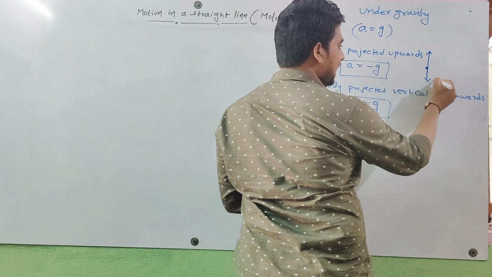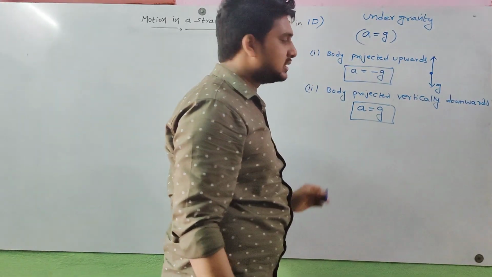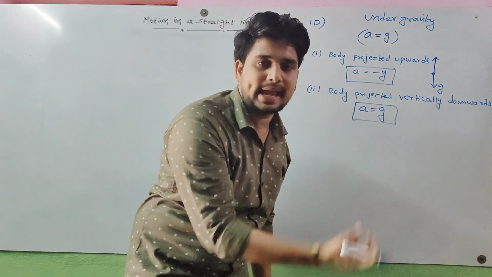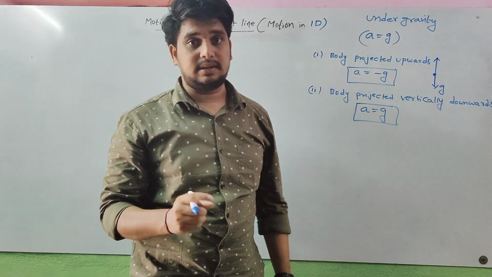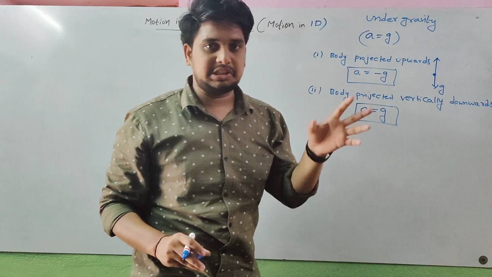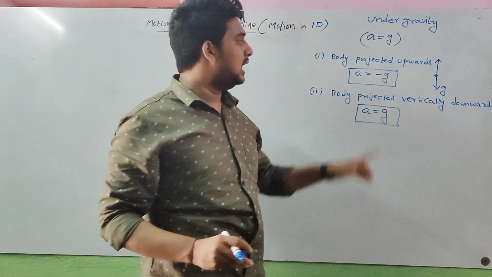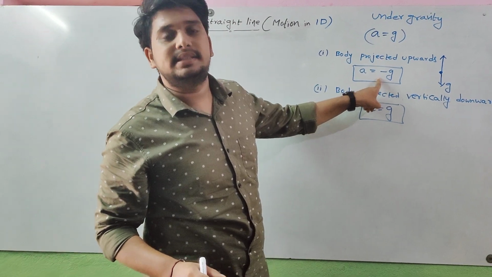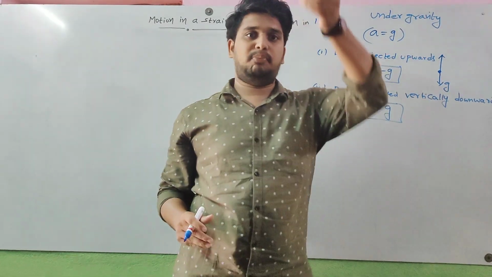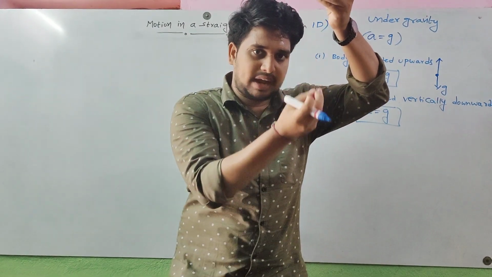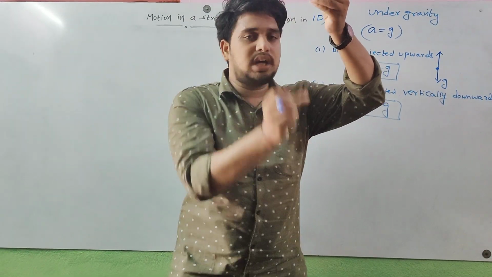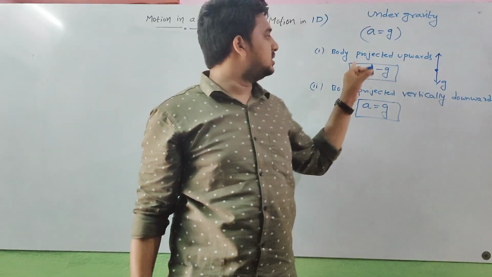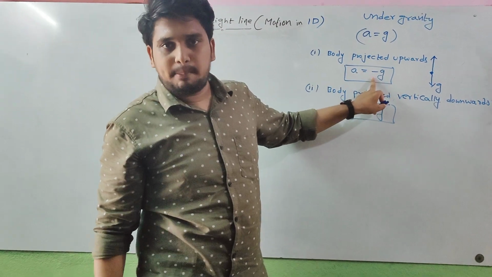Acceleration due to gravity is acting downwards or not? Acceleration due to gravity is always acting downwards. That means both are in opposite directions. That's why we should take acceleration is equal to minus g. Here the body is projected upwards, acceleration due to gravity is acting downwards. Both are in opposite directions. That's why we take a is equal to minus g.